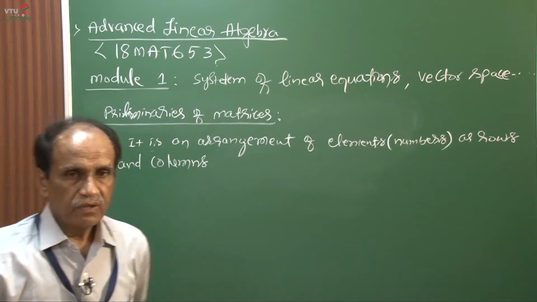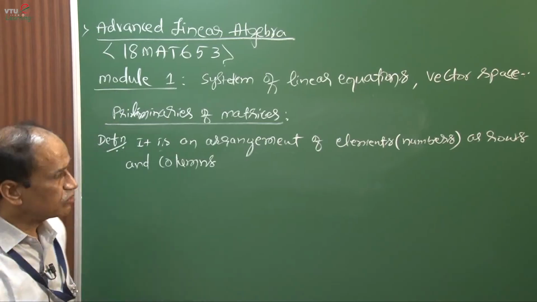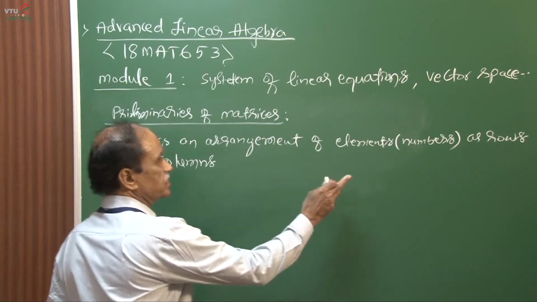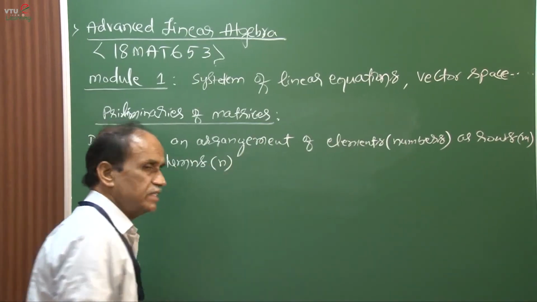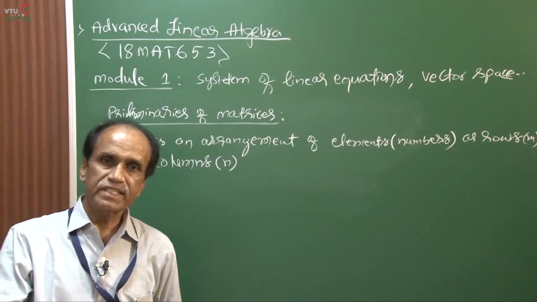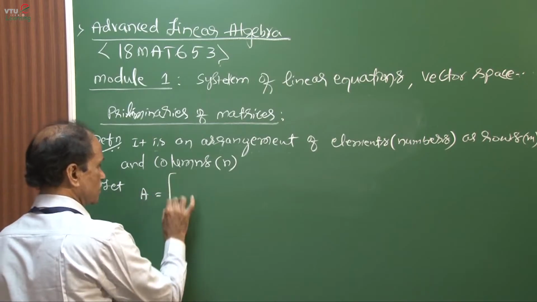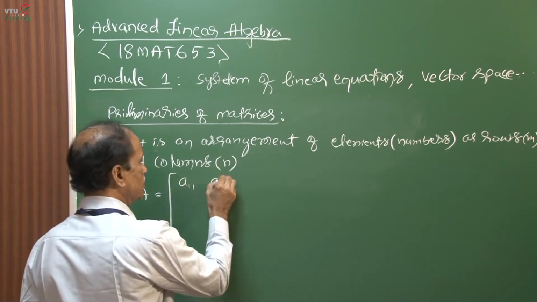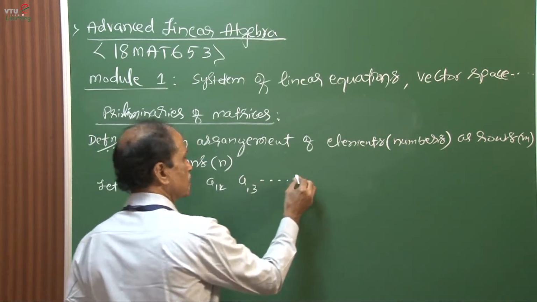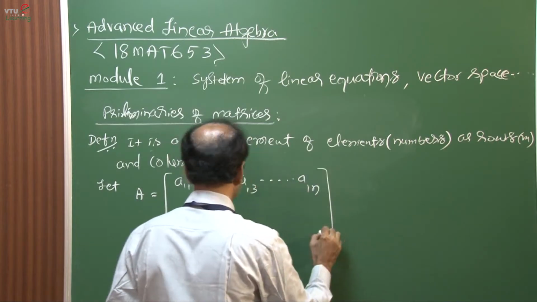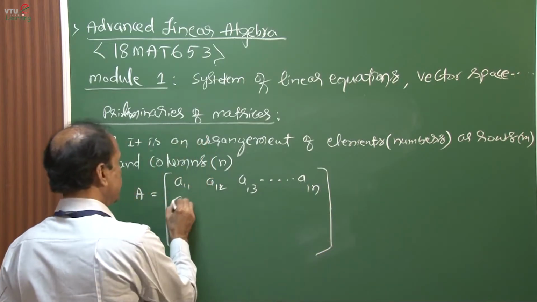We call the rows by the general symbol m, the number of rows, and the columns n, the number of columns. That means the rows you can call small m. This is a common symbol, accepted by everyone, that is m rows and n columns. So let A be equal to, if I write the matrix, a11, a12, a13 and so on up to a1n.